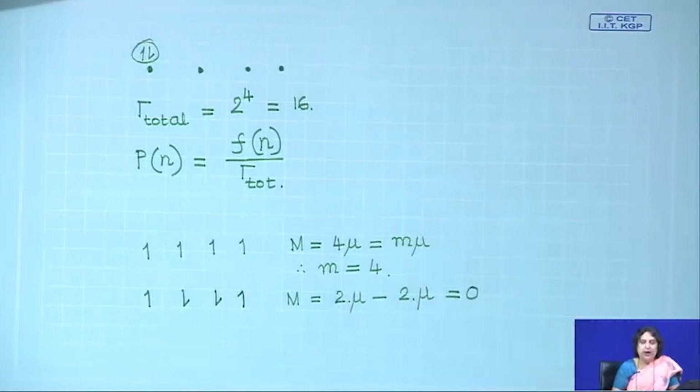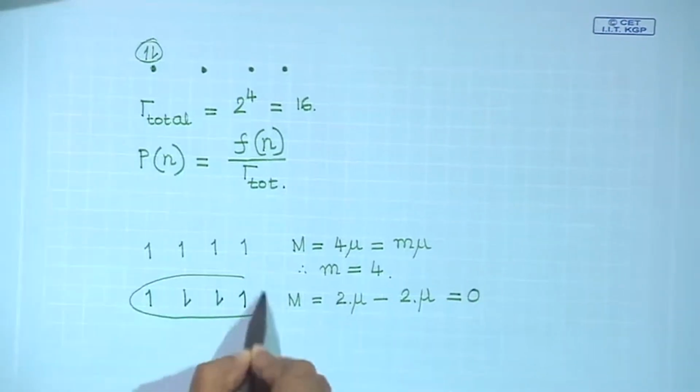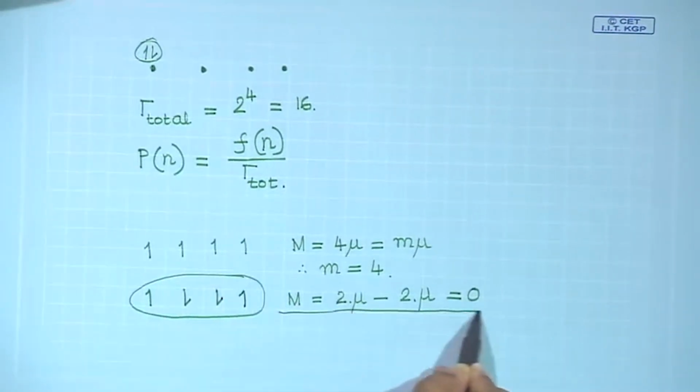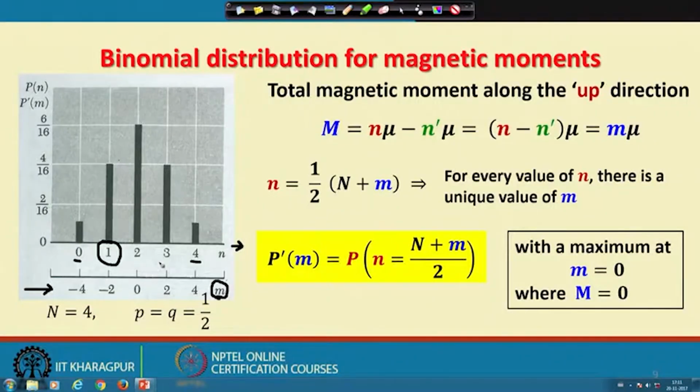Therefore, this microscopic state is associated with capital M equal to 0. Small n equal to 2 is associated with small m equal to 0.